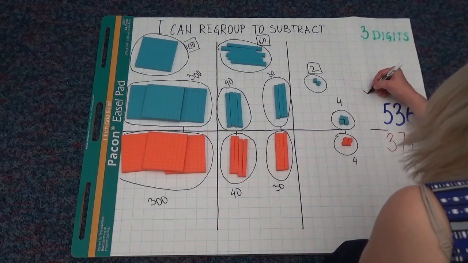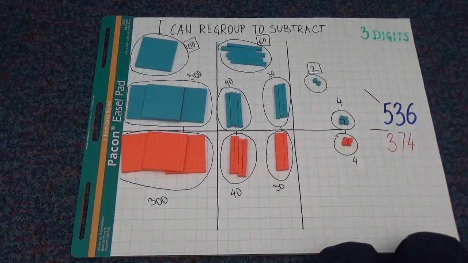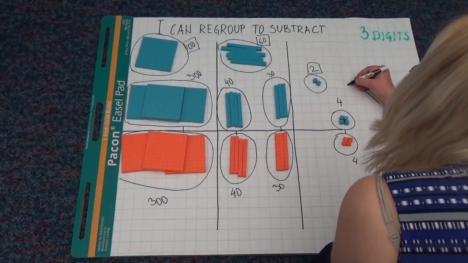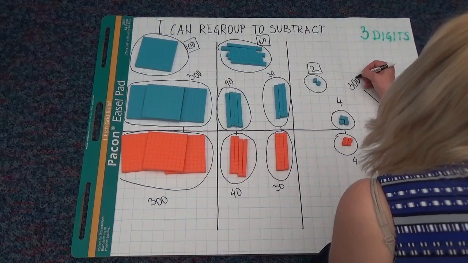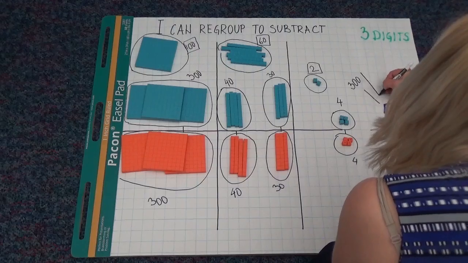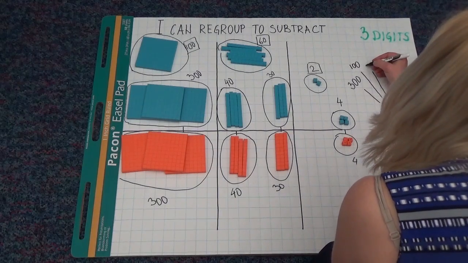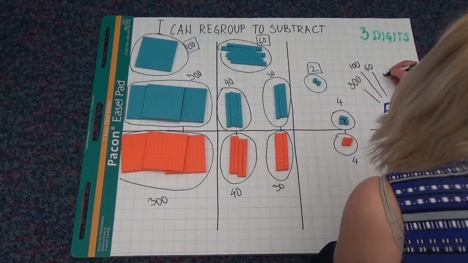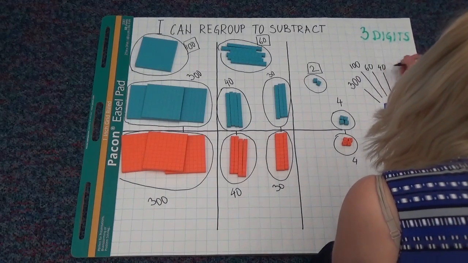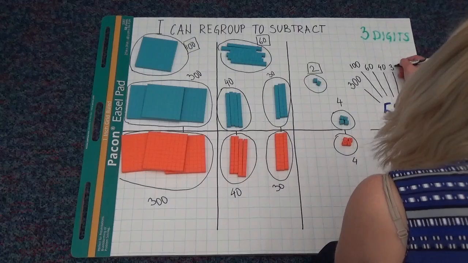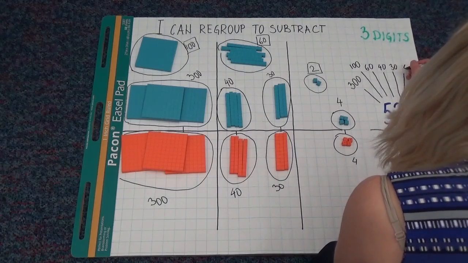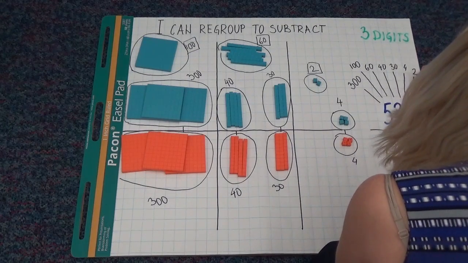So let's write down how we decompose 536. We decomposed it into a 300, into 100, into 60, 40, 30, 4, and 2.